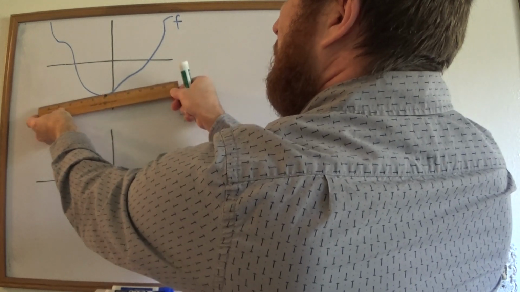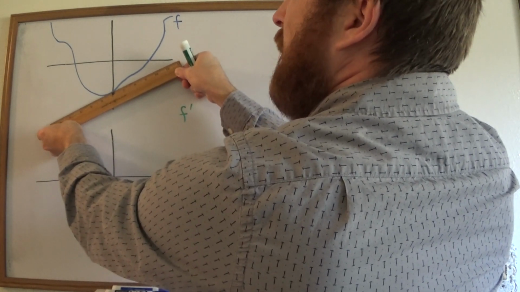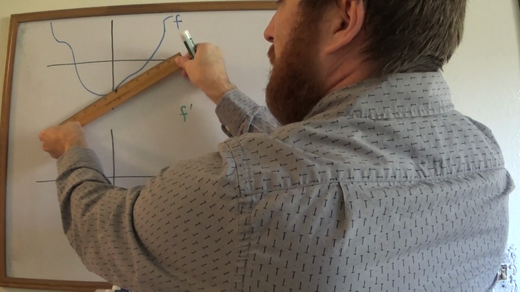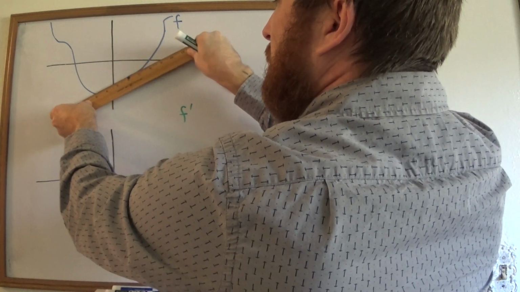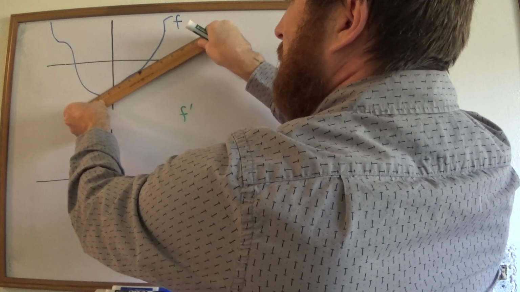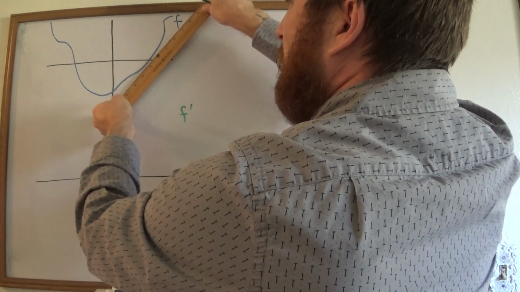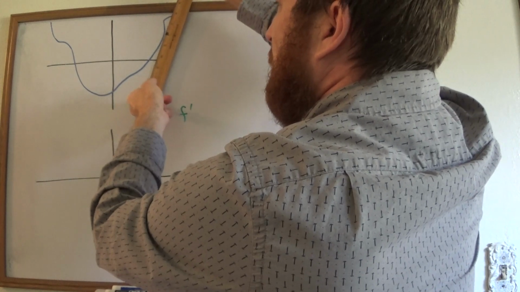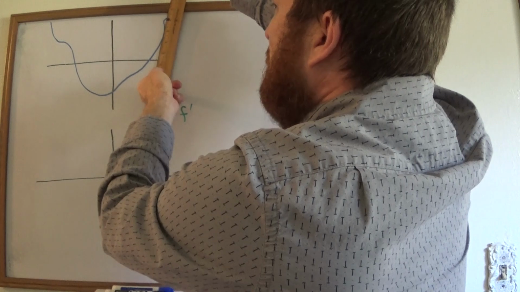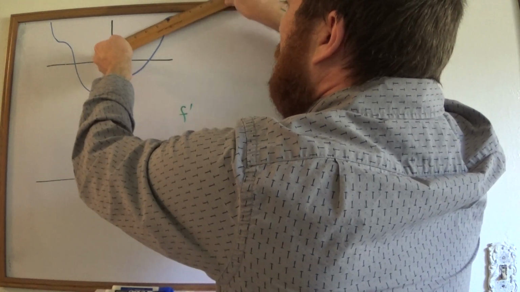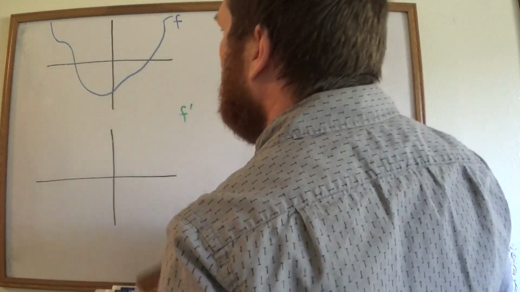Okay, so now we continue on. It's going to increase. Now it's positive. It gets a little less positive, and now it gets more positive, more positive, more positive. Oh, vertical, yikes. Then it starts getting less positive as it moves this way.